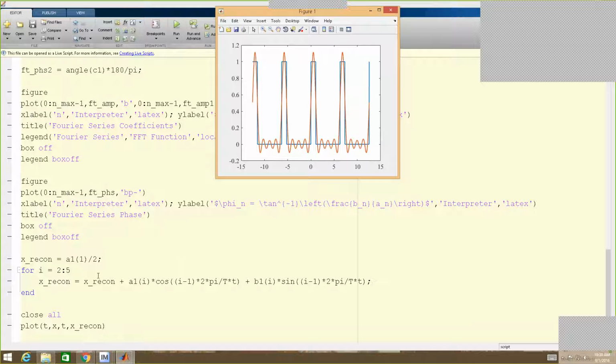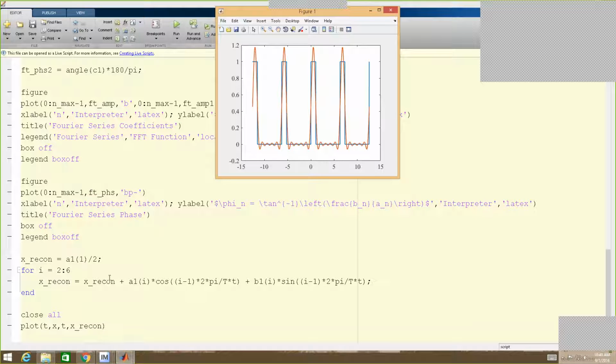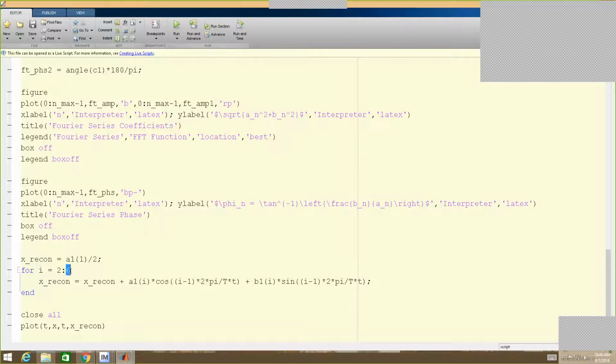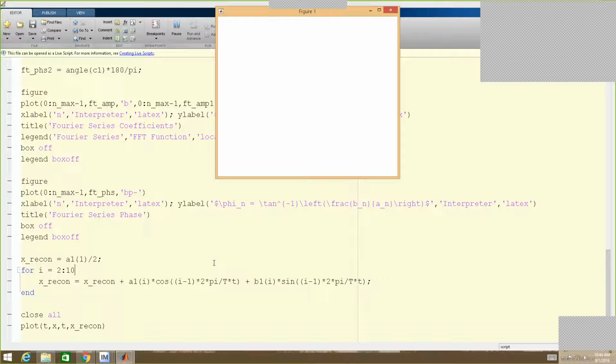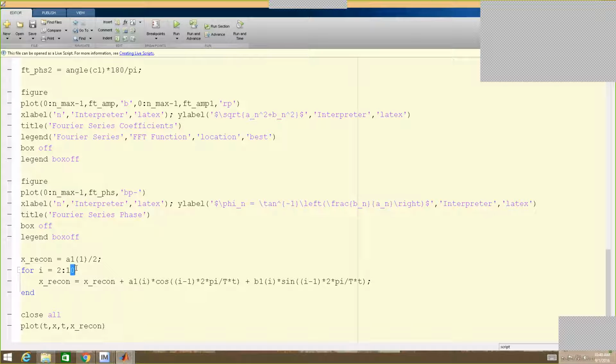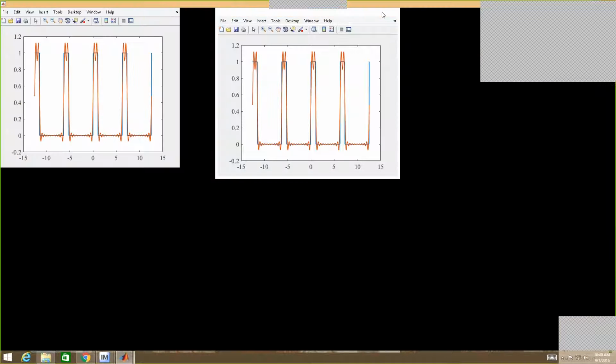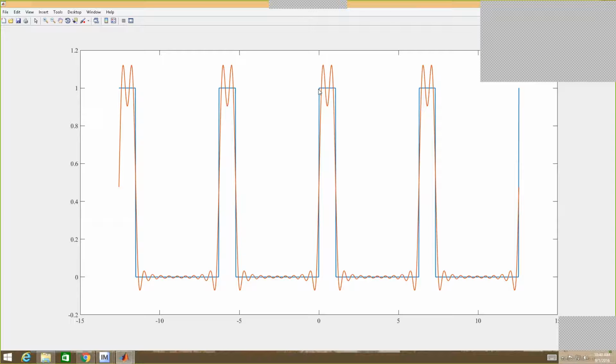And now it's getting closer there. 6. Even better, right? Let's make it 10. Even closer. 12. Even more closer. So in theory, once you go to an infinite number of terms, you should be able to exactly capture this signal.